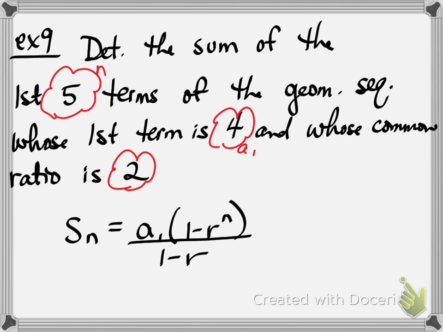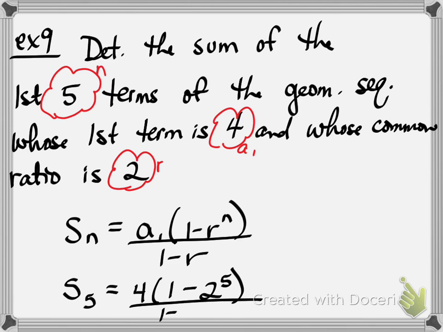Common ratio is 2, that's our r. So S sub 5, the sum of the first 5 terms, is the first term times 1 minus our common ratio to the n, which is 5, over 1 minus r. Whoops, and r is 2.